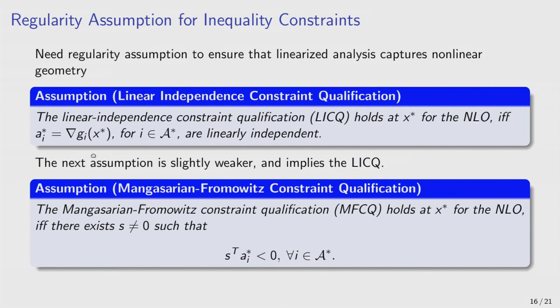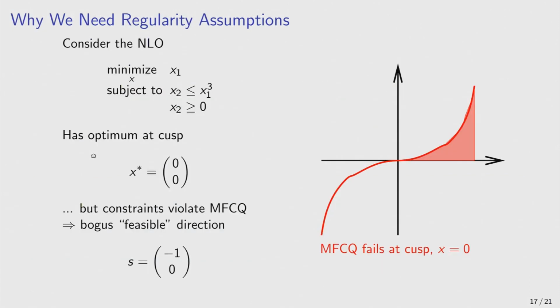But all this means is that you're looking at strictly interior directions, and it relaxes the linear independence constraint qualification. It's not as strong an assumption, and so it allows you to make stronger statements about optimality. But for most practical purposes, linear independence constraint qualification is all that we need, and we're not going to worry about anything else. Now, why do we need these regularity assumptions?